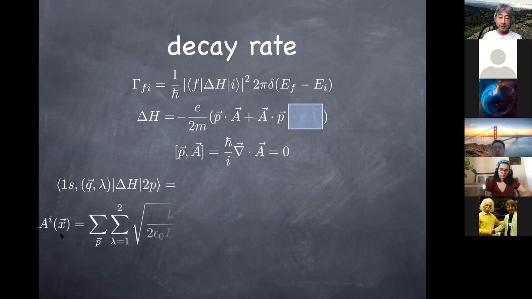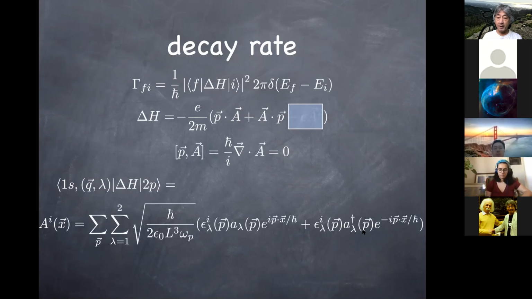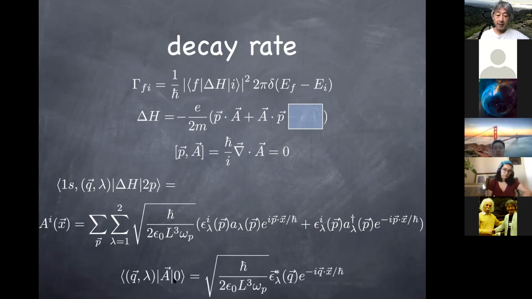And then I remember how I write this vector potential in terms of creation and annihilation operators. Using what we already know very well from the harmonic oscillator, the matrix element of the vector potential from the vacuum state for the photon to a single photon state in the final state is just look at the creation operator over here, A lambda dagger.